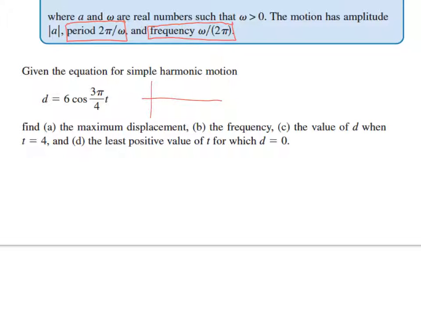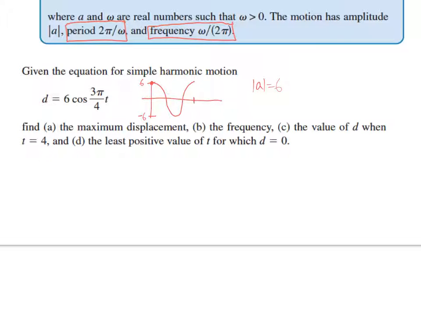Our amplitude is 6, right? So where is cosine going to start? It's going to start up at 6 and it's going to go down to -6, right? So this is what this is going to look like.